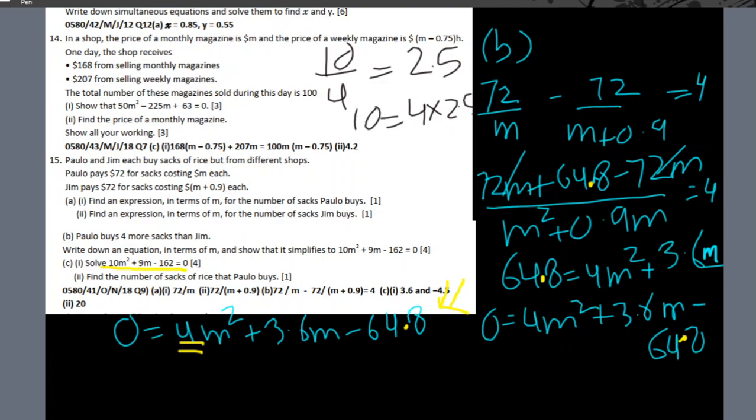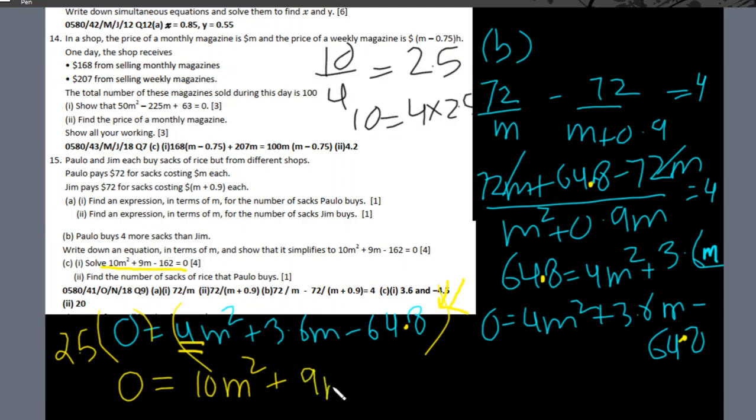Now multiply this whole equation on both sides with 2.5. So 2.5 times 0 is 0. This becomes 10M squared plus 3.6 times 2.5 is 9M minus 64.8 times 2.5 is 162. So we've shown the desired equation.